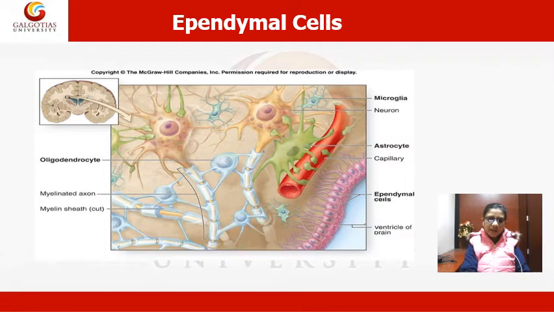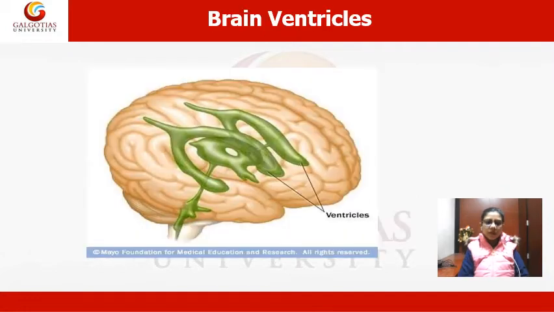Myelination means covering of the axons, and this is the myelin sheath. Here you can see the brain ventricles. The brain has ventricles which allow CSF, cerebrospinal fluid, to run inside that area.